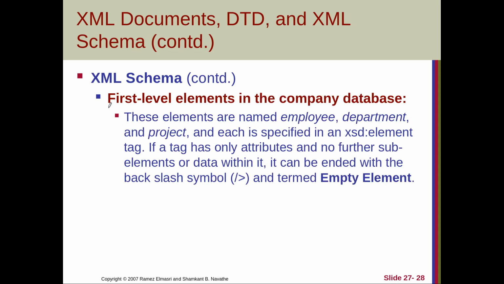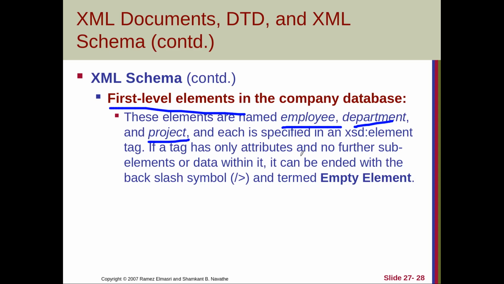Then first level elements, that is the employee, department and project. These are the first level elements of the company database that were specified by using XSD complexType and XSD sequence: employee, department and project.